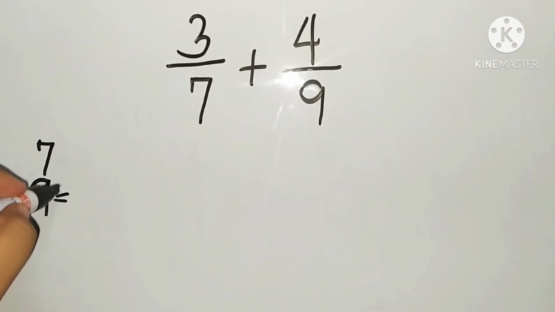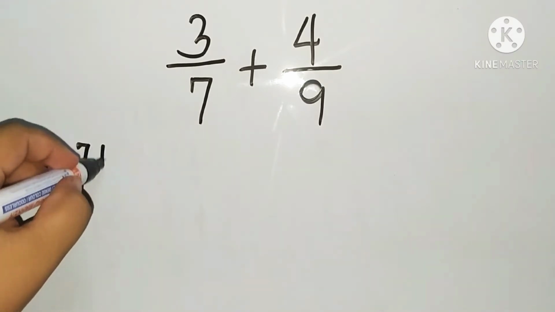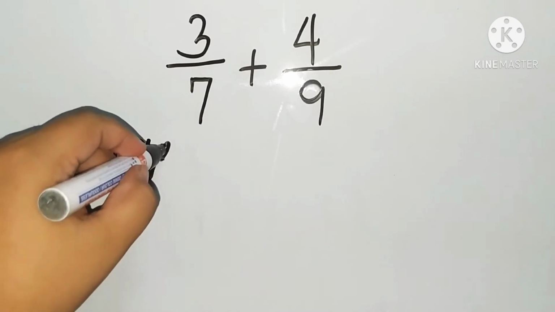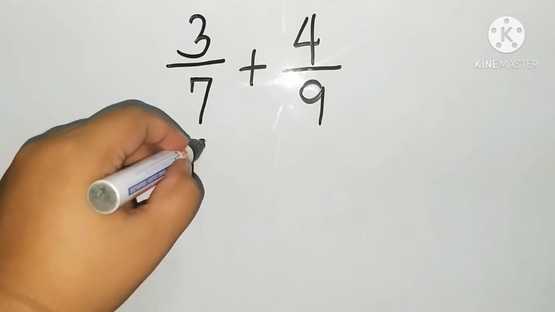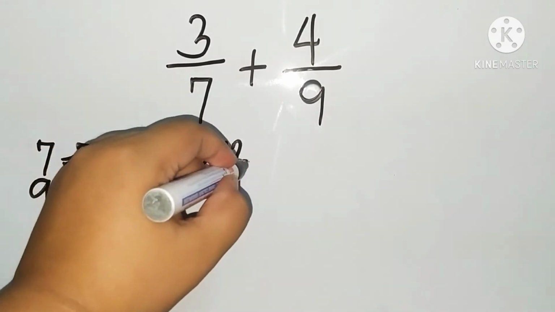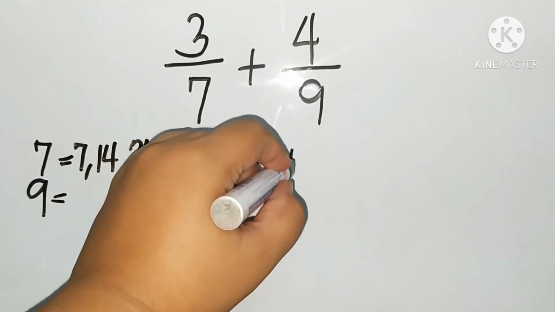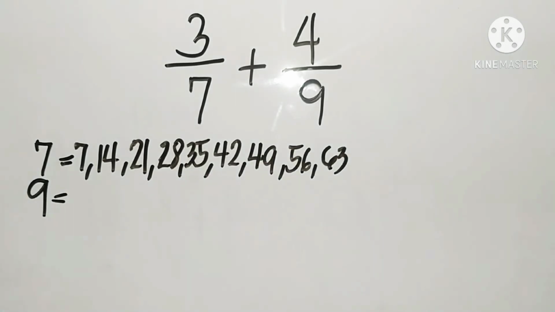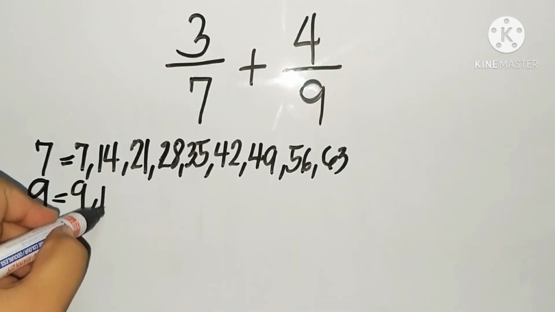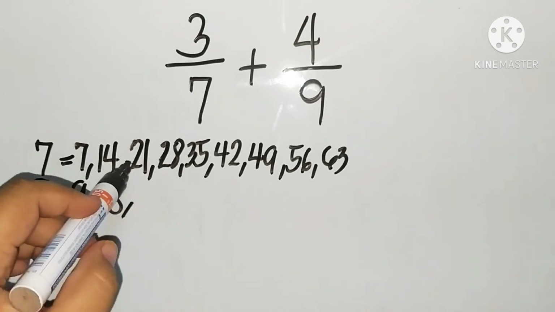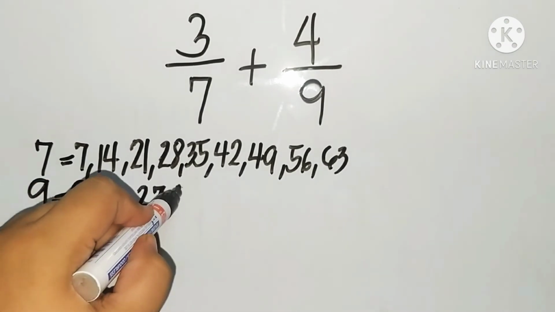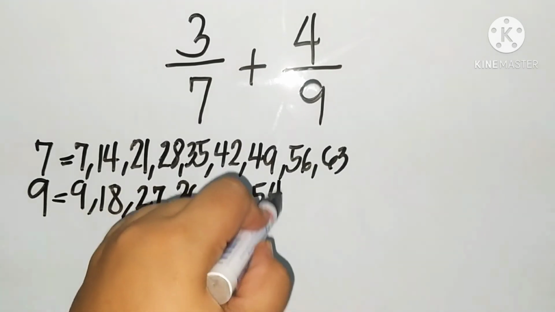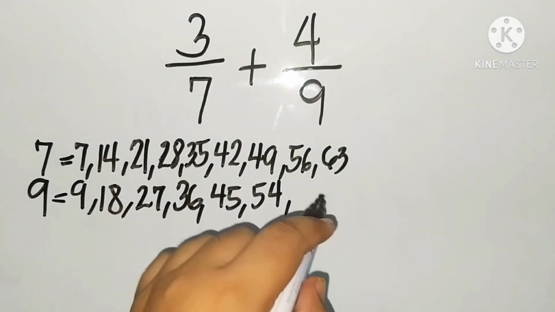So, we have 7, 14, 21, 28, 35, 42, 49, 56, 63. Yung 9 naman, we have 9, 18, 27, 36, 45, 54, 63.